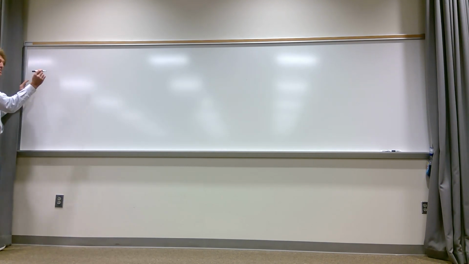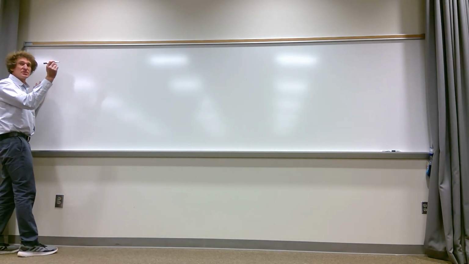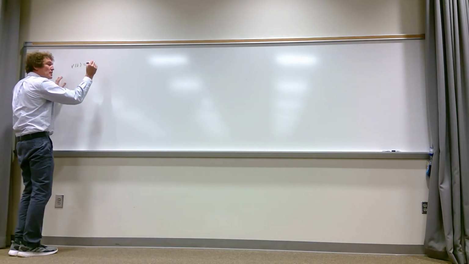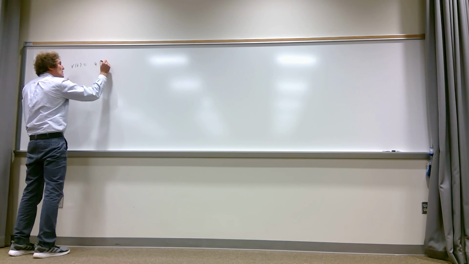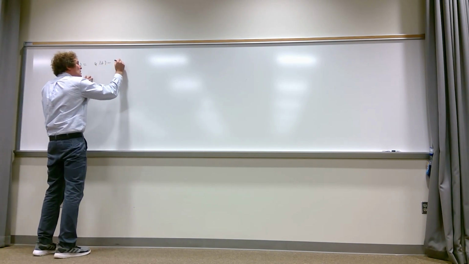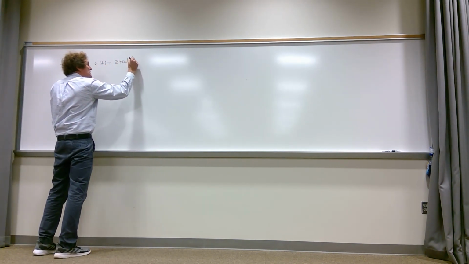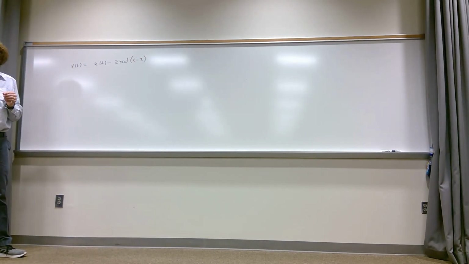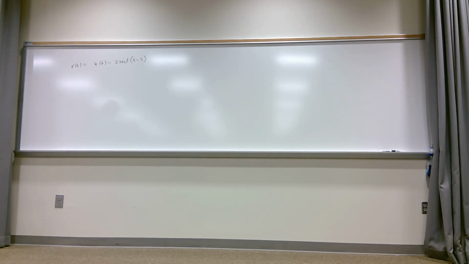Okay, what does the function look like? x of t is equal to u of t minus 2 rect of t minus 3. Is that it? This part is plot x of t minus 2.